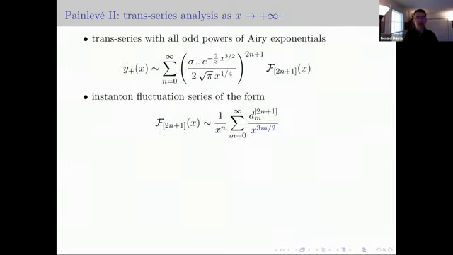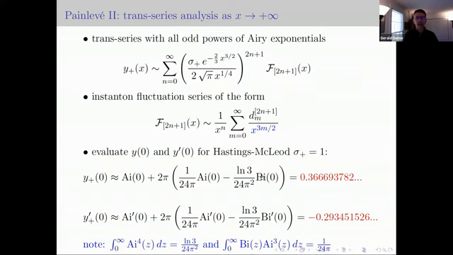And so we can evaluate this, taking, for example, the first two terms, we have Ai of 0, and then the first correction will depend on Ai of 0 and Bi of 0 multiplied by these weird integrals, which I put in for the benefit of our chairman who loves these types of integrals.